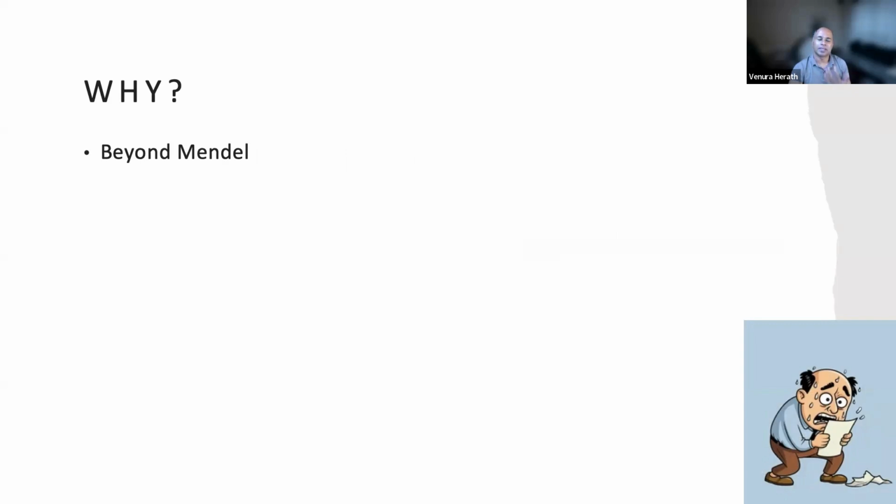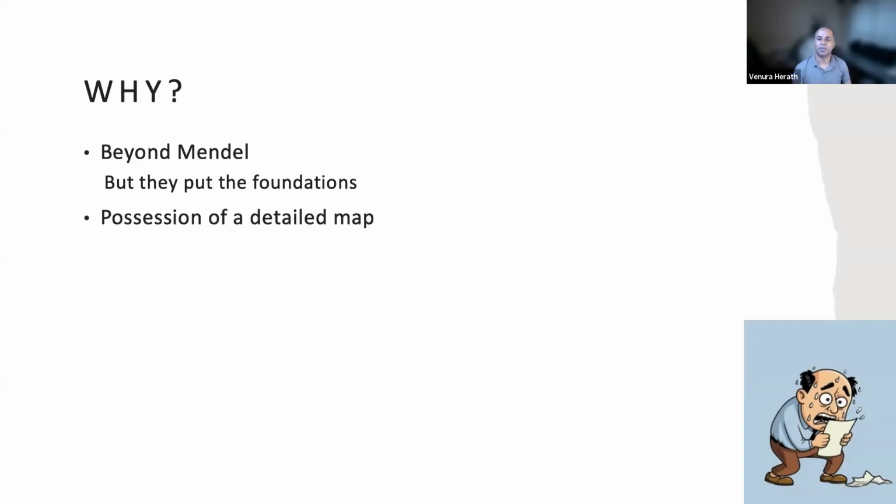So basically we are going beyond Mendel, and all of you remember, right? Gregor Mendel and his breeding experiments. He and the scientists put the foundation for mapping genomes, and as a result, now we have the ability to build on that and make a very detailed map.